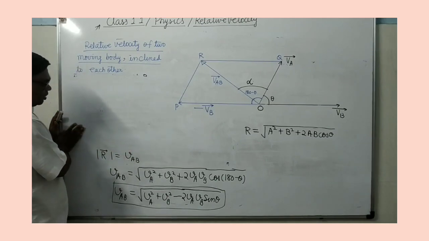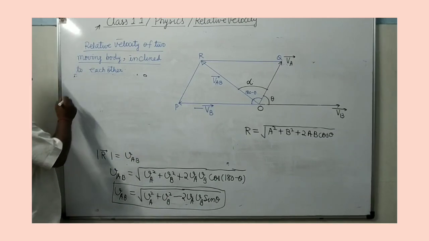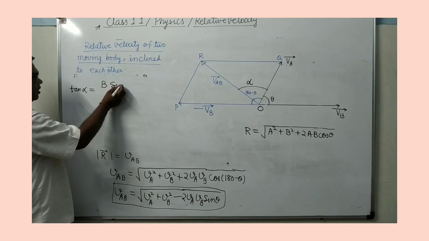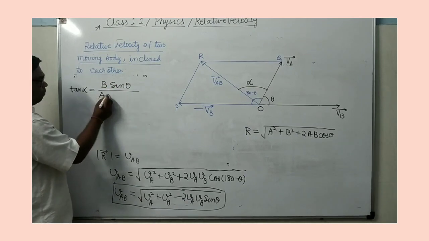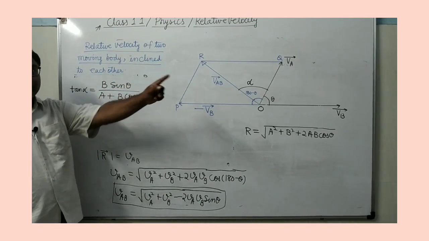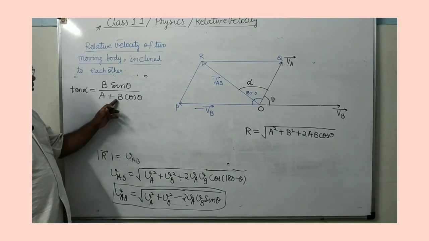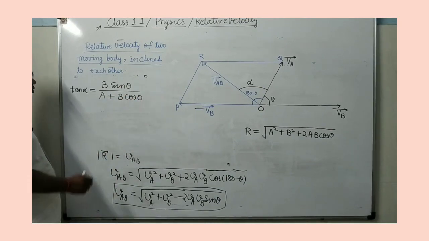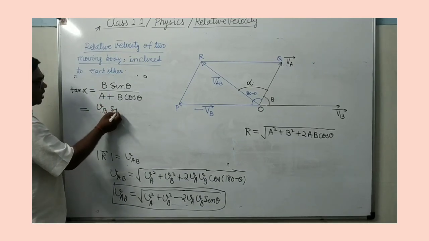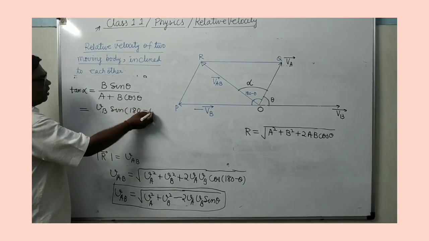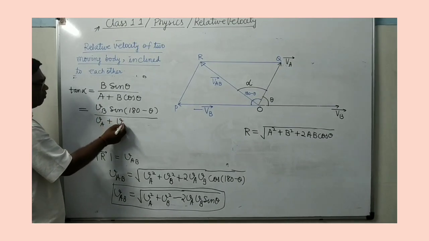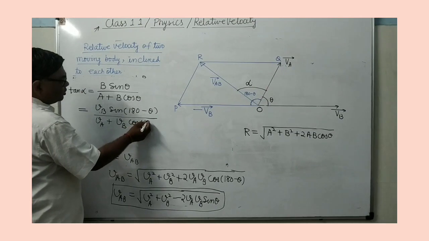See here, as you know, tan alpha equals B sin theta upon A plus B cos theta. Already you know A is the magnitude of velocity vector VA. B is the magnitude of negative vector VB. So here it will be VB sine of 180 minus theta upon VA plus VB cos of 180 minus theta.